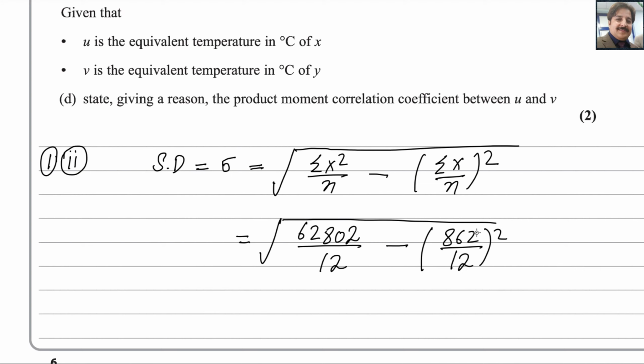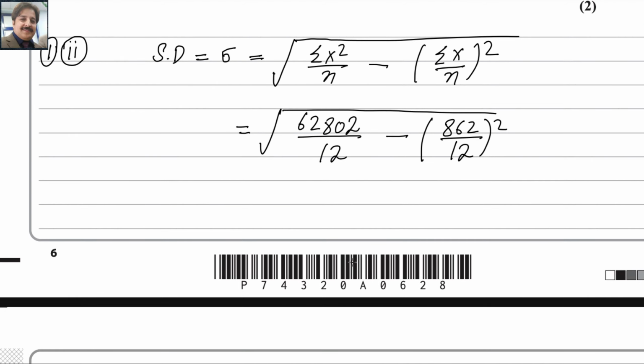Here I'm just substituting the values. Sum of x is 862 and n is 12. In the same way, sum of x squared is 62,802 and n is 12, so you can write it like this. Use a calculator to get the answer. It is better to solve the values under the square root first, and you can show this step as well.